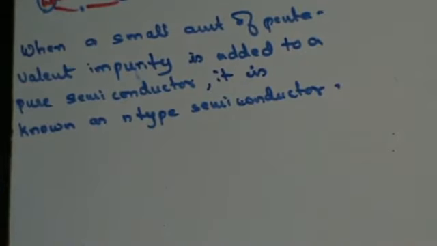A pentavalent impurity added to a semiconductor will give you an N-type semiconductor.